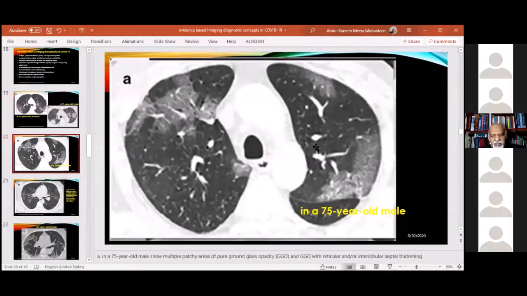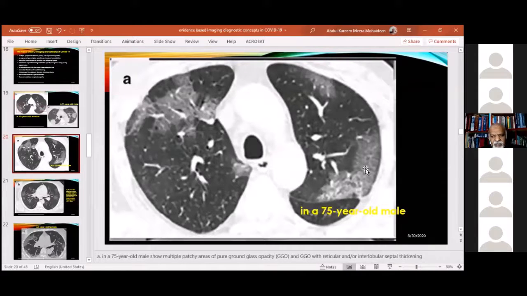Okay, you see here in a 75-year-old female, this is another appearance. The opacity may not be uniform. If you look at this picture, you can see a honeycomb appearance. So you can see multiple loculated appearances. These are all due to interalveolar septal thickening.